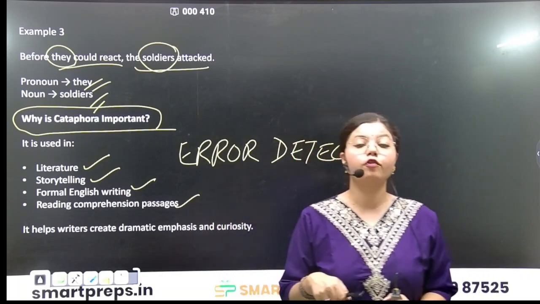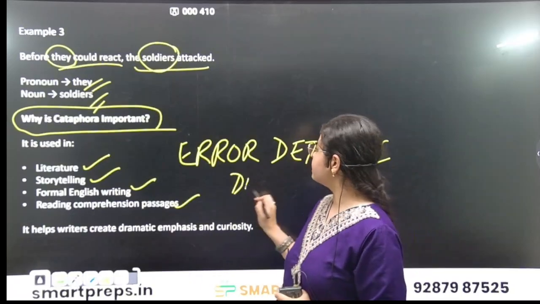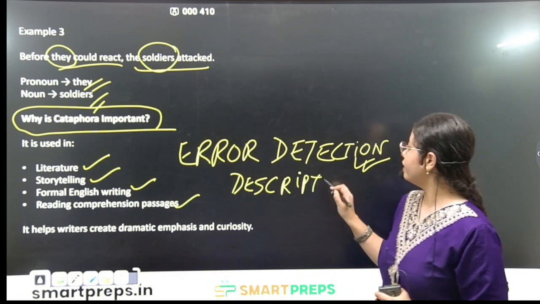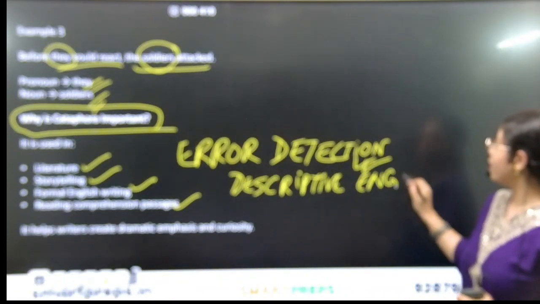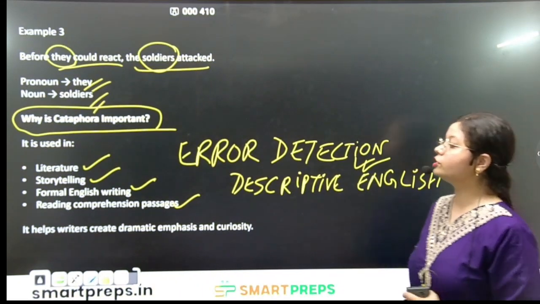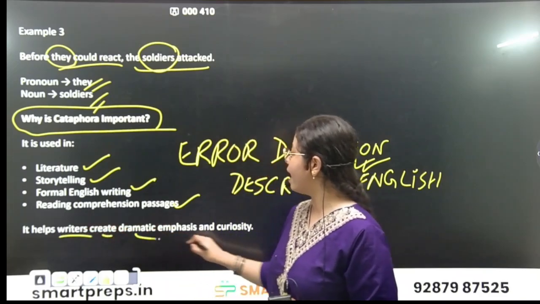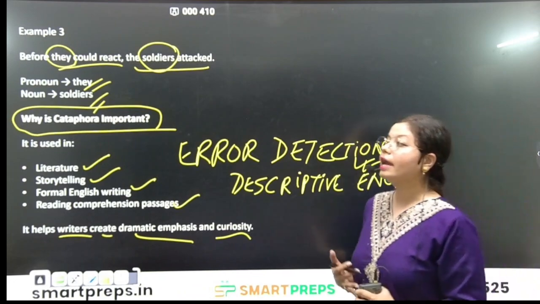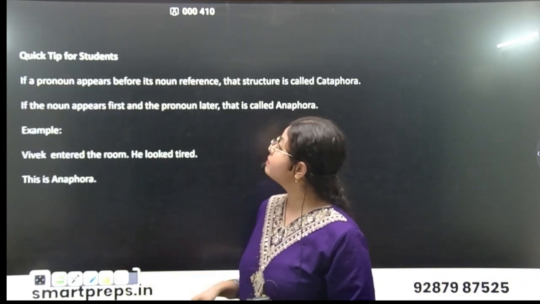Cataphora and anaphora both are a part of error detection, descriptive English, and also reading comprehension passages. It helps writers create dramatic emphasis and curiosity because the noun is in the later part of the sentence. So that is why it creates some suspense.